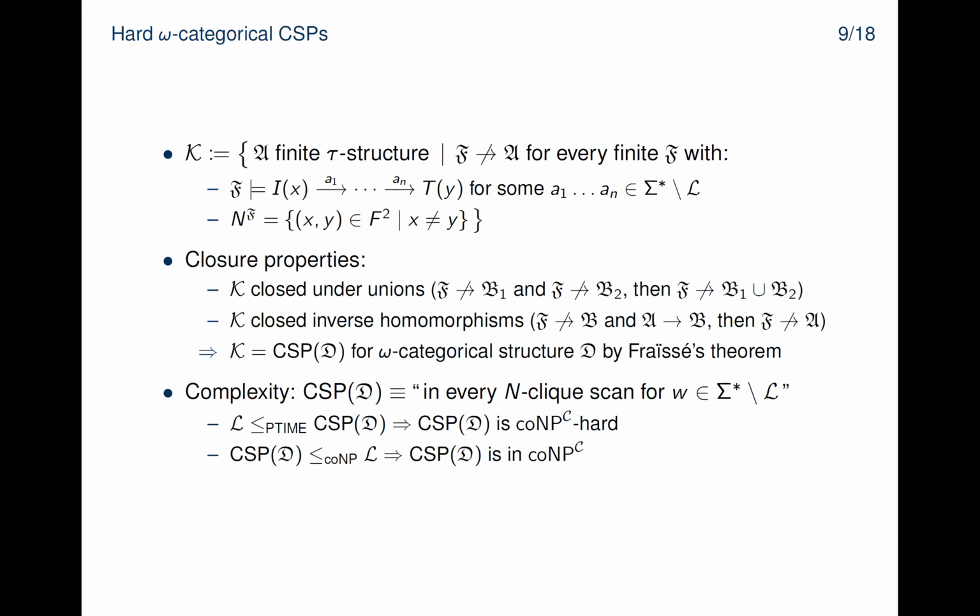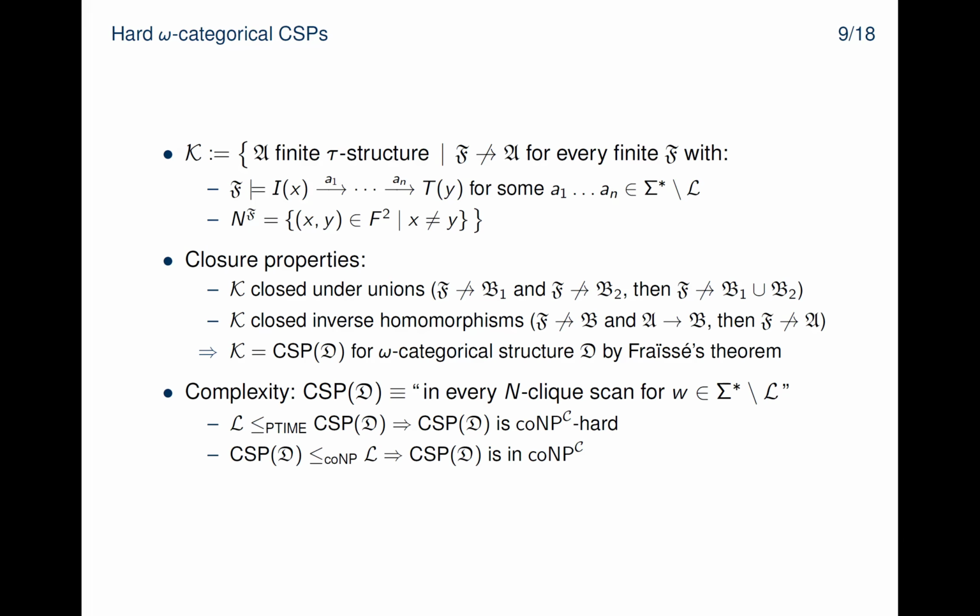So we need to somehow check every possible n-clique, every possible complete graph in the relation N, and whenever we see an encoding of a word, we check whether it's in L, then we say yes. If it's in the complement, then we say no, because that's forbidden.